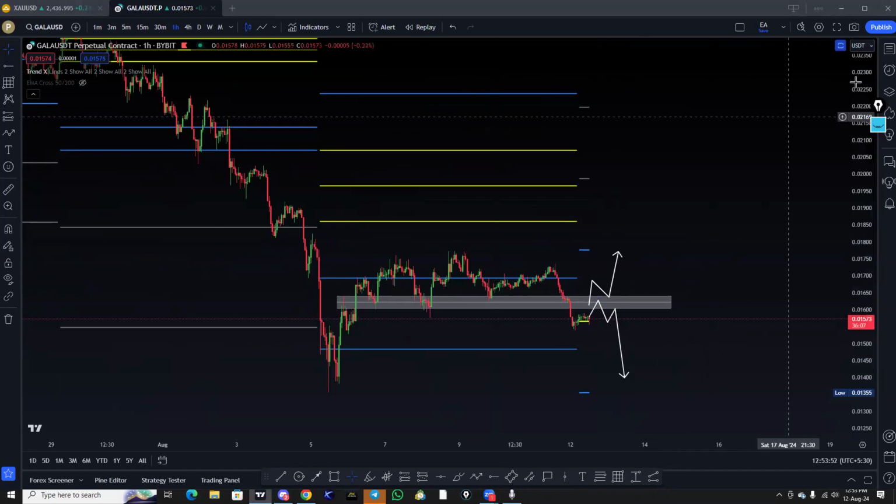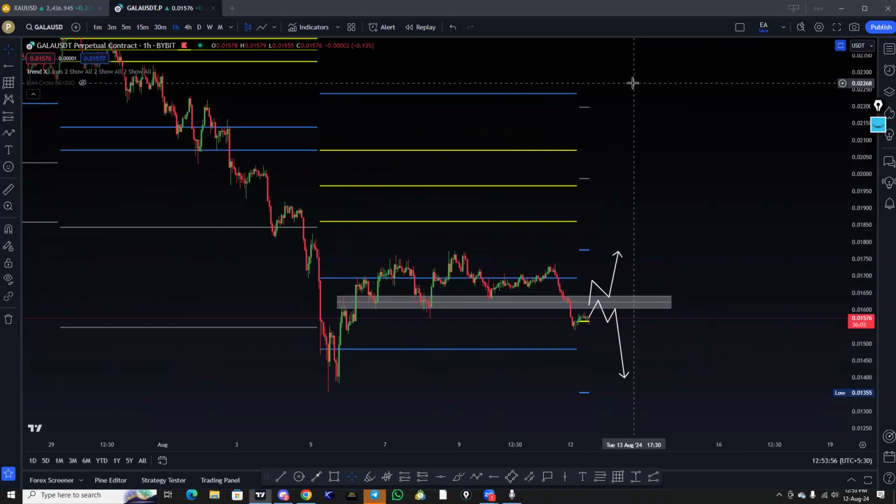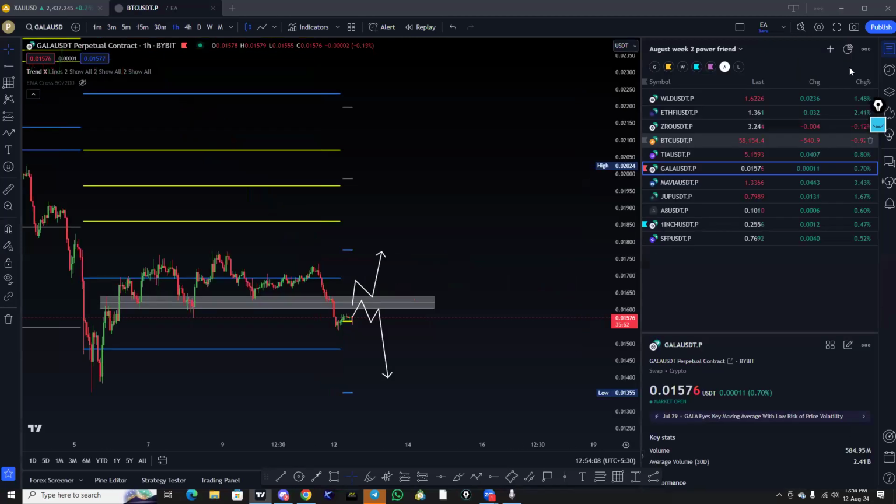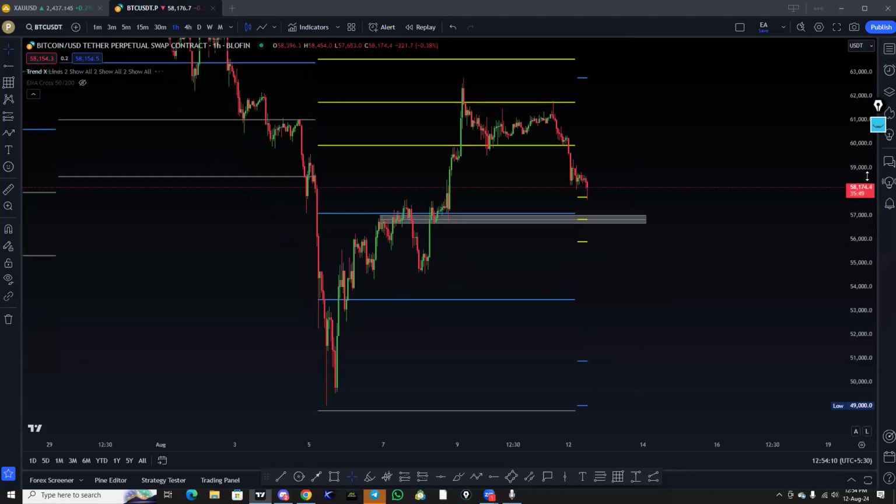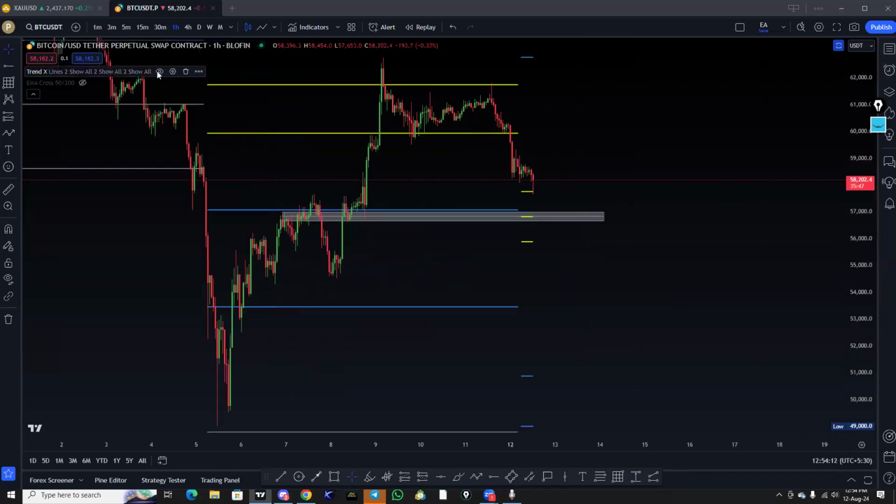Now if you have any chart, please tell me. Let me see here, guys. BTC. Okay, sir, I'll just show you the BTC. I already told you this is the zone.